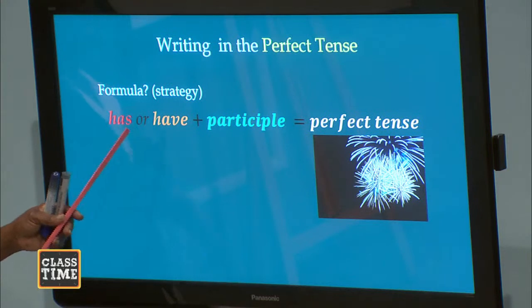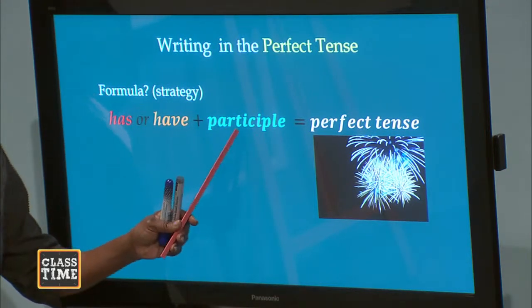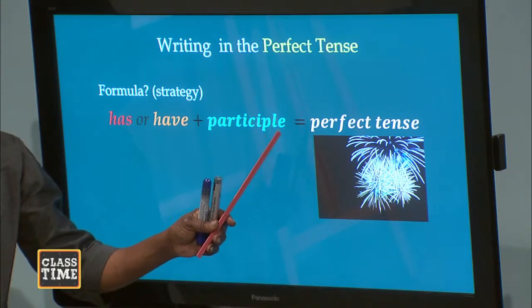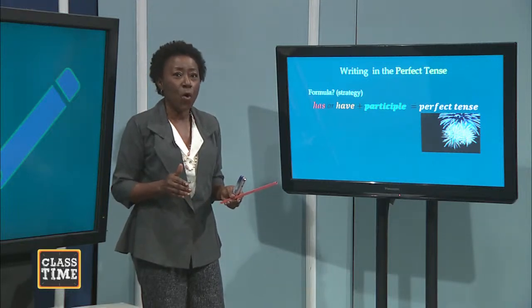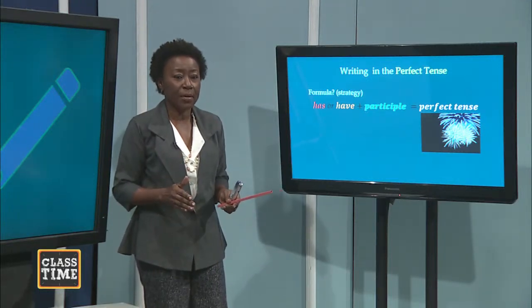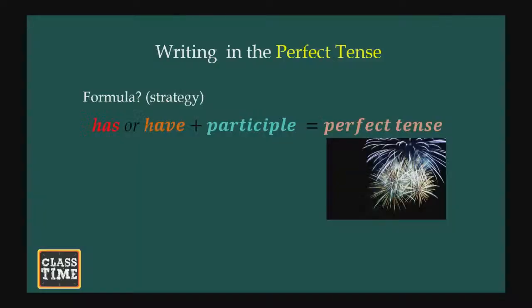Or if it is more than one, have plus participle is equal to the perfect tense. The exception to the rule with the subject is I and you. Those always use the plural form, which is have. You get that? Okay then. Let's move forward.